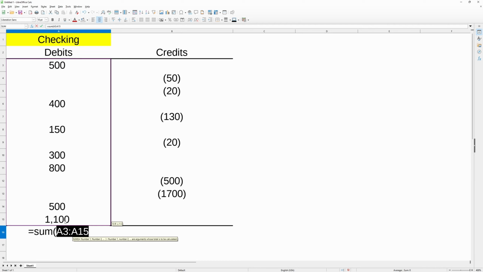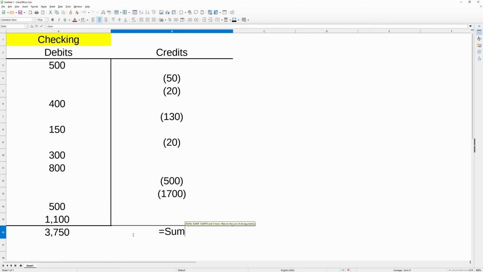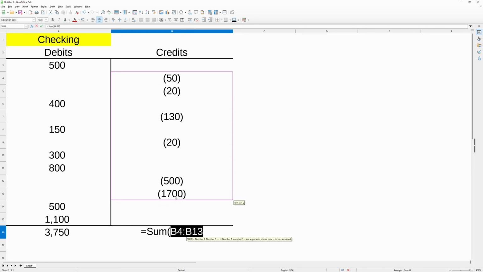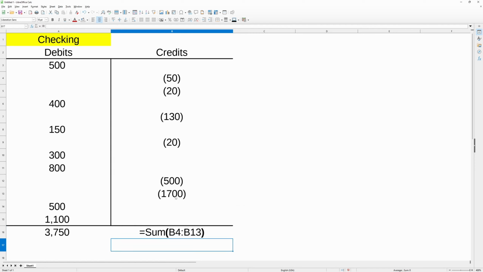So we'll sum these, and then we will sum these as well. That's not going to add, so let's add these together manually.